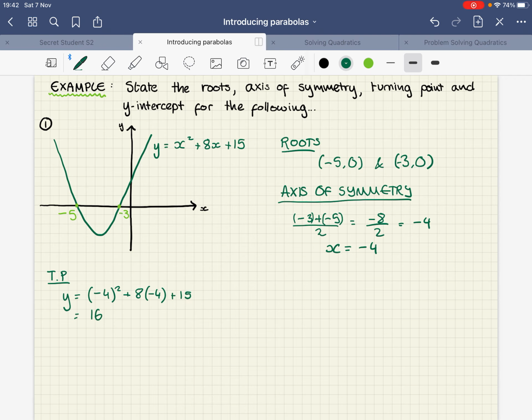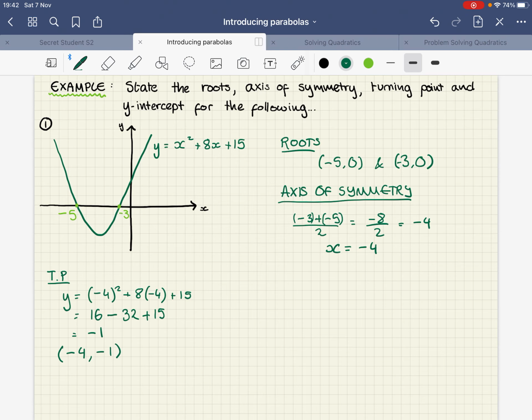So it's going to be a positive 16, because remember negative times negative makes a positive. Then -32 plus 15. And so then that will just be -1. And so then my turning point, my x coordinate is -4 and my y coordinate is -1.